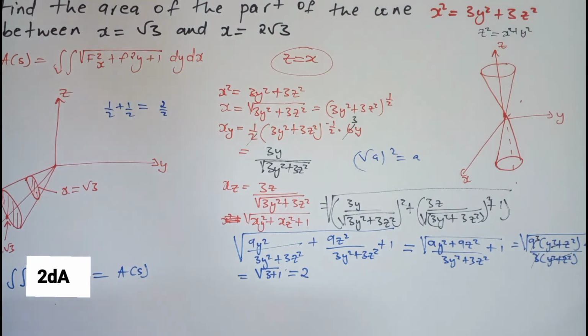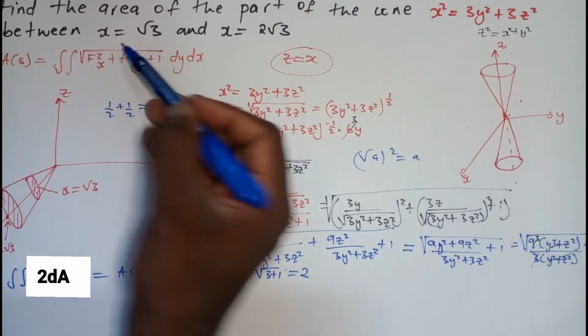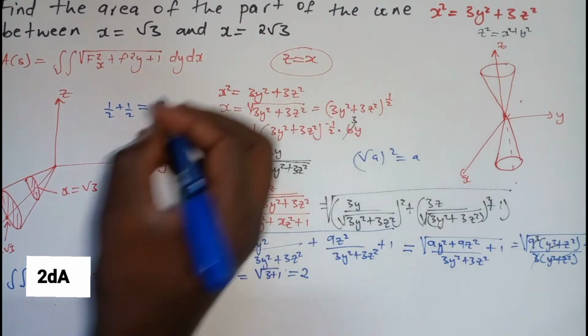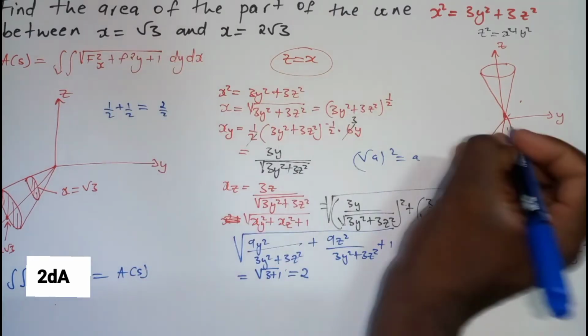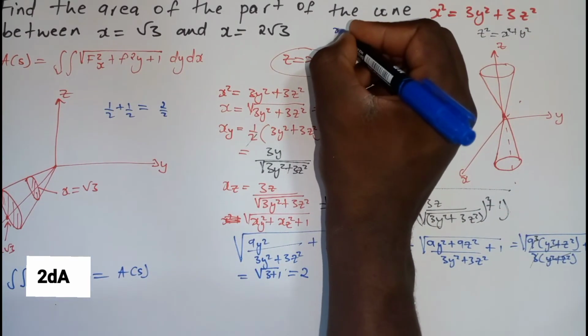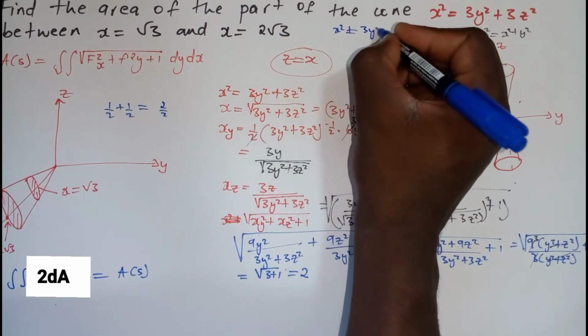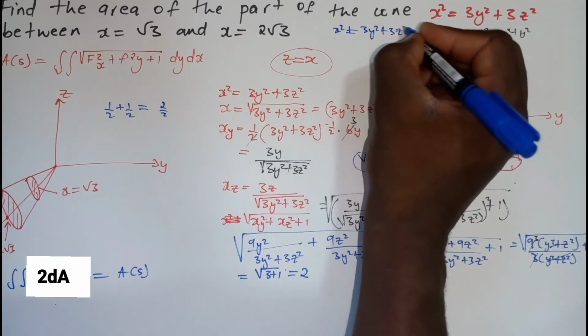Okay, so remember, if we equate these lines with this equation, we're going to have a circle. So let's write it here. For the first one, we say x squared is equal to 3y squared plus 3z squared.